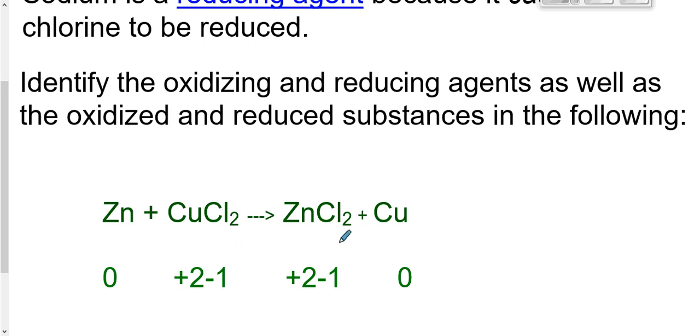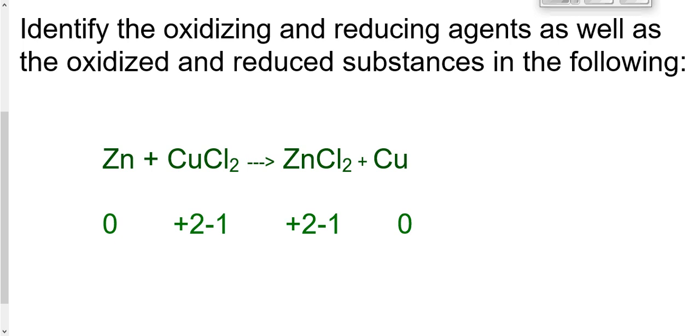After the reaction, chlorine still has an oxidation number of -1, but zinc now has an oxidation number of +2. Copper's oxidation number has changed to 0. There are two species whose oxidation numbers have changed. Zinc's oxidation number has gone from 0 up to +2.